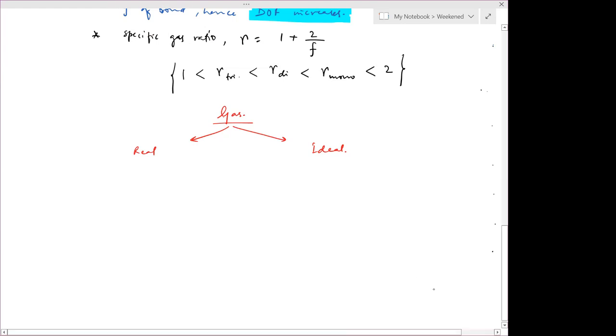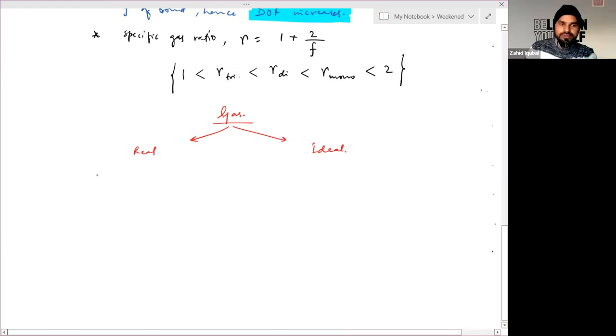No, sir. Suppose you have gaseous particles like this. If there is interaction between these two particles, then due to interaction they will have some potential energy in this particular system.